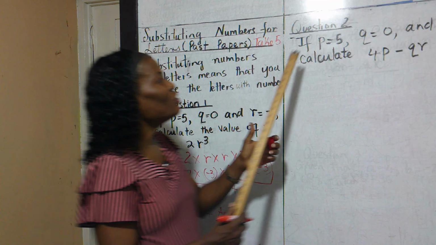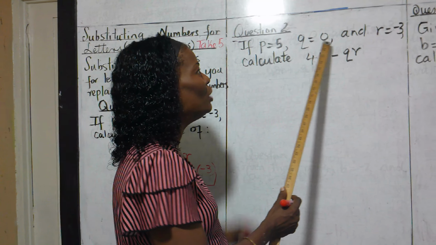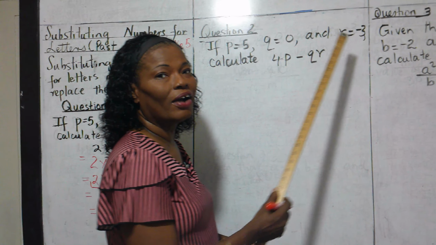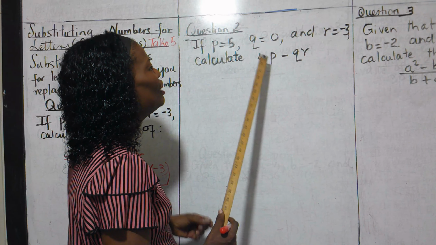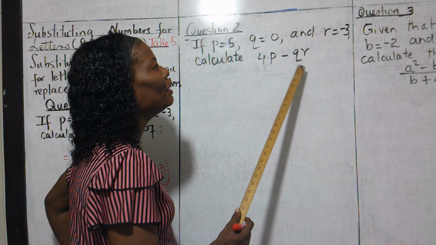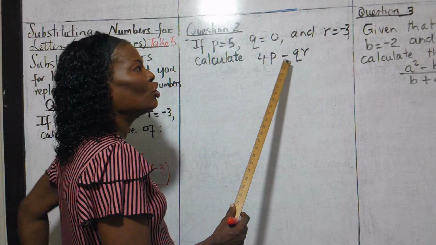If P equals 5, Q equals 0, and R equals -3, calculate 4P minus QR. Remember, P is 5, but 4P does not mean 45.